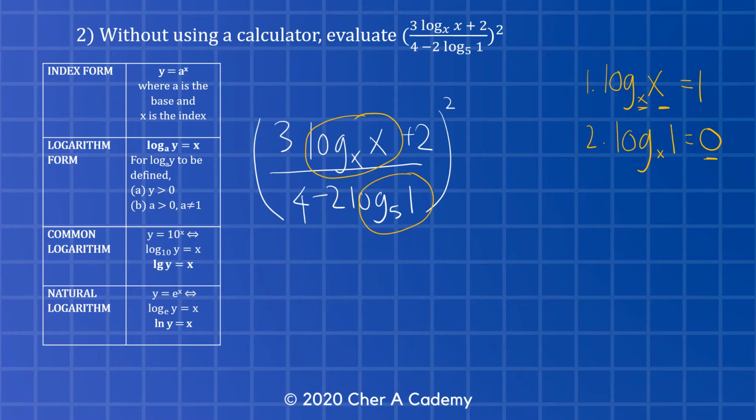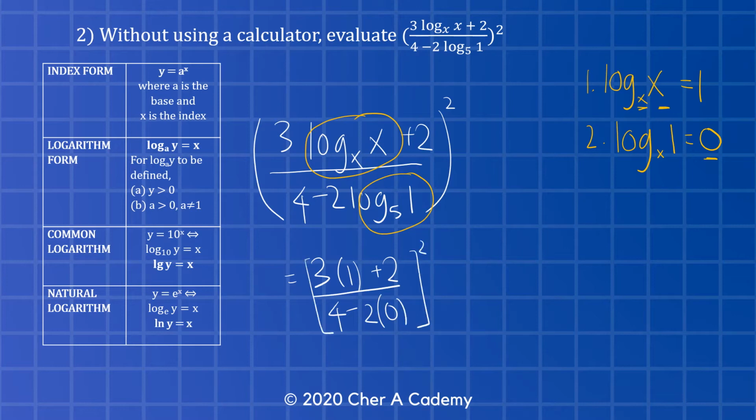So now let's put this back into the question. Equals 3 log base x of x will give me 1, plus 2, over 4 minus 2 log base 5 of 1, and well, because I'm logging 1, I'll be left with 0.